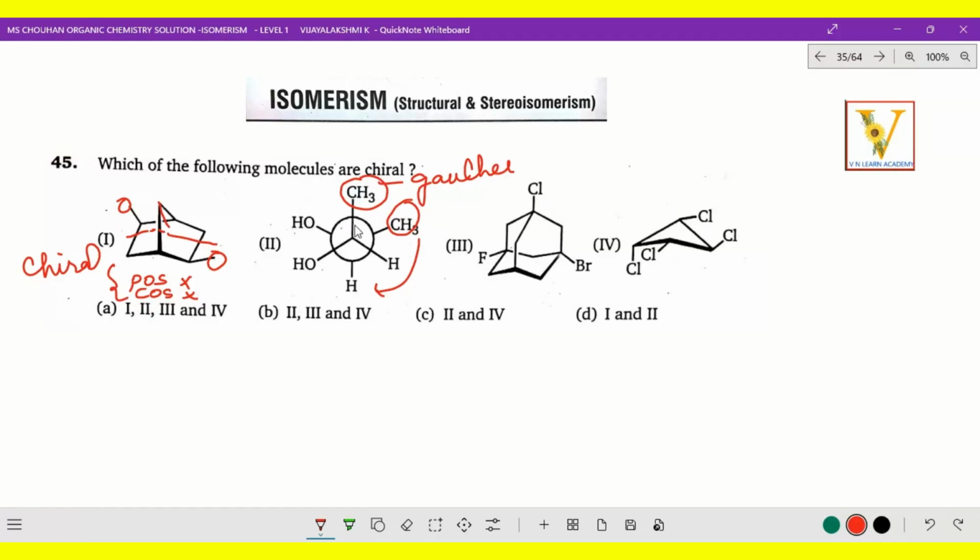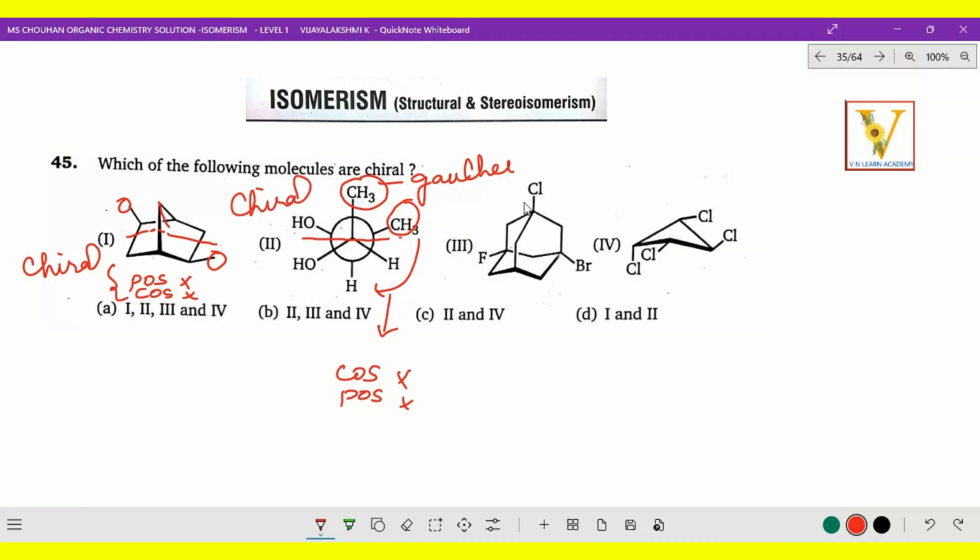As given in this position, there is no POS, COS. COS is absent here, but when you rotate you will get COS present; at this point there is no POS, COS. So this is also a chiral molecule.